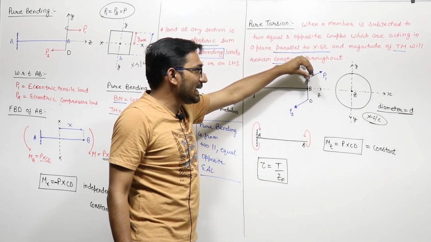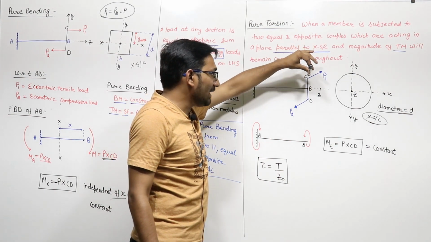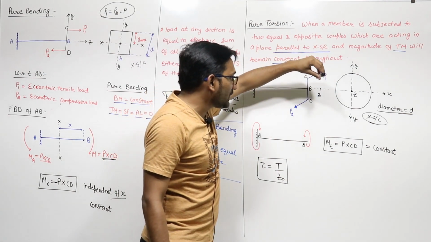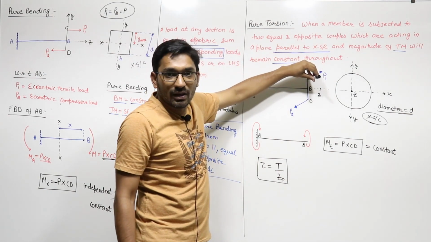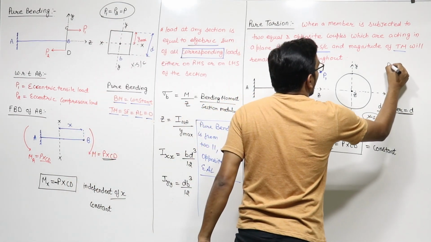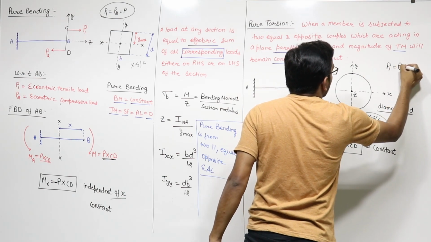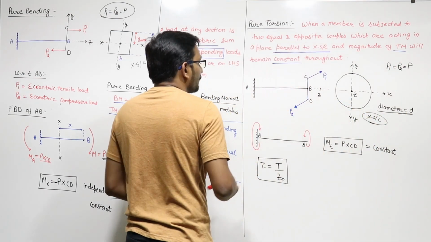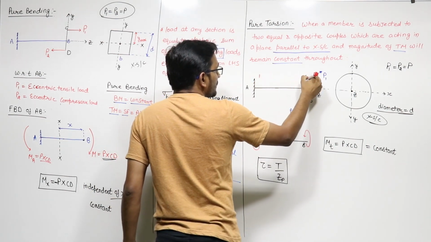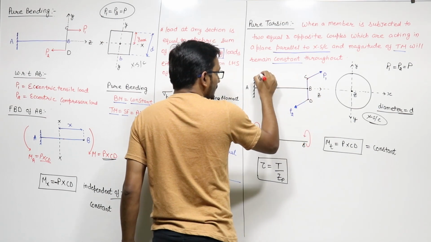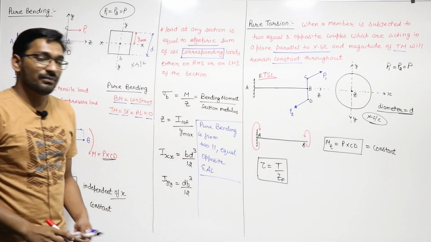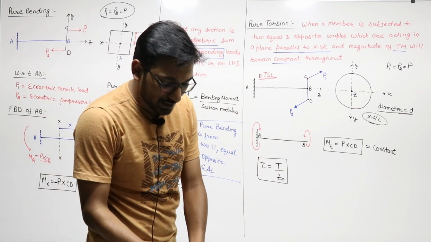This force P1 is perpendicular to AB but does not pass through it, or this force is perpendicular to the longitudinal axis but does not pass through it, and the magnitude of P1 is equal to P2, which is equal to P. So you can say for the member AB, these loads are eccentric transverse shear loads.